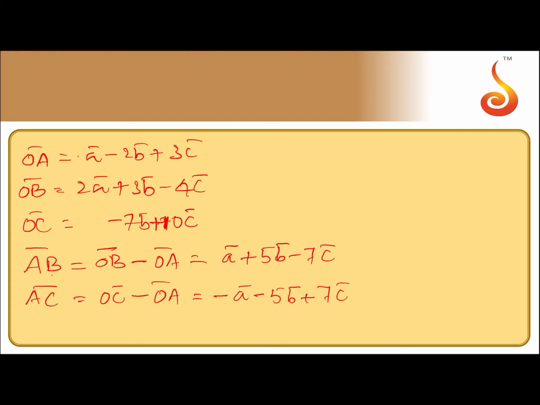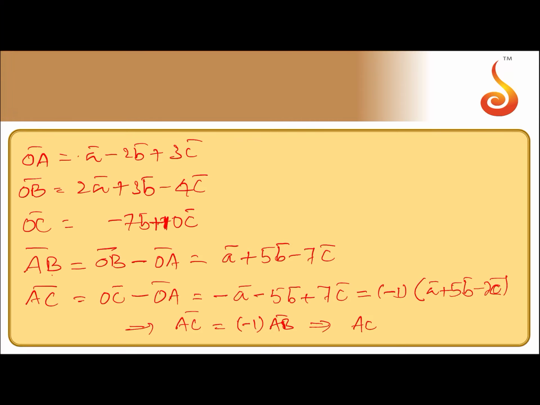And of course, clearly you can see that by taking minus 1 common, here I get A plus 5B minus 7C, which is nothing but AB vector. So I say that AC vector equals minus 1 times AB vector. So one is a scalar multiple of the other one.